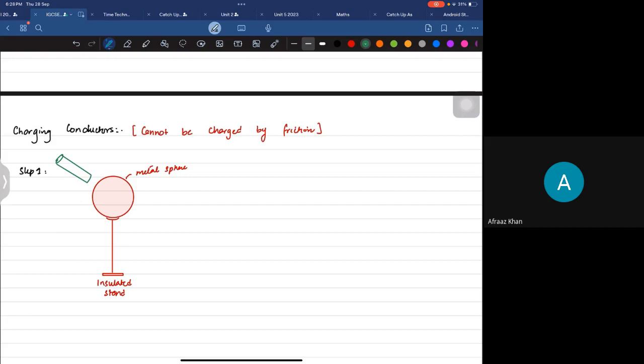Let's suppose the charged rod is positive. What's going to happen is that on the side which is closer to the rod, the electrons are going to get attracted to it. Is it clear, everyone? Leaving their counterparts, the positives, on the other side, like that.